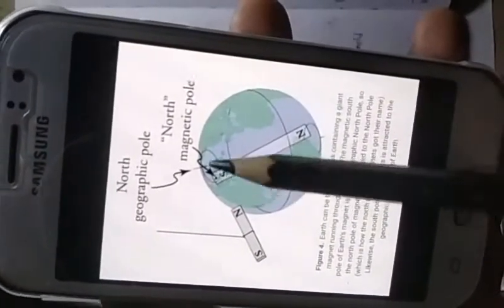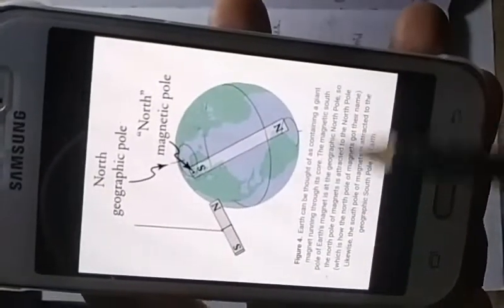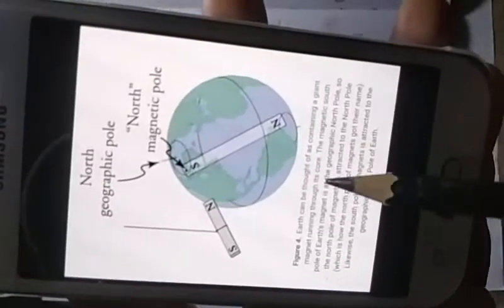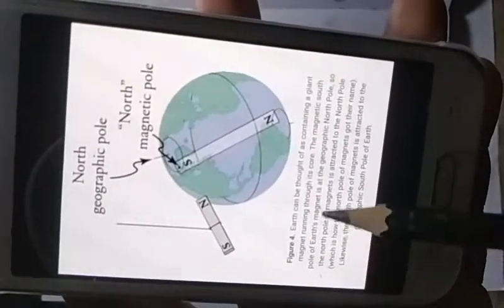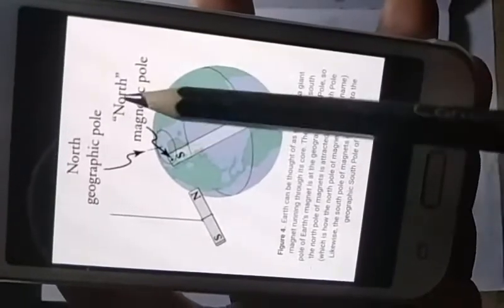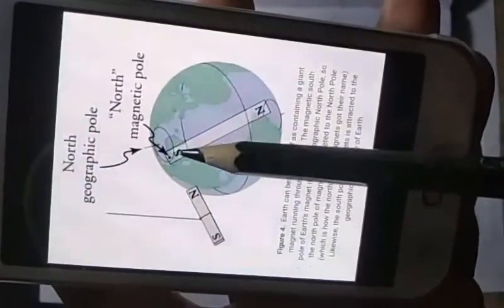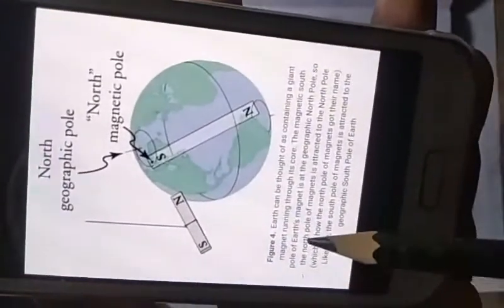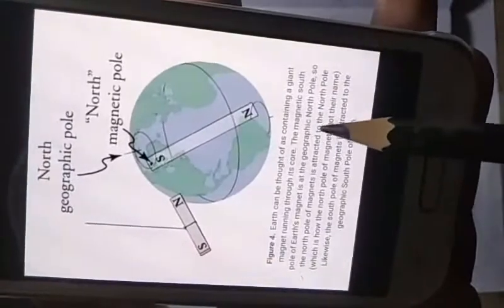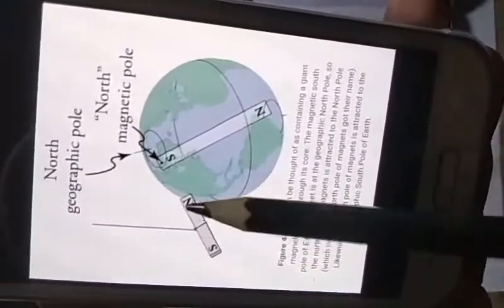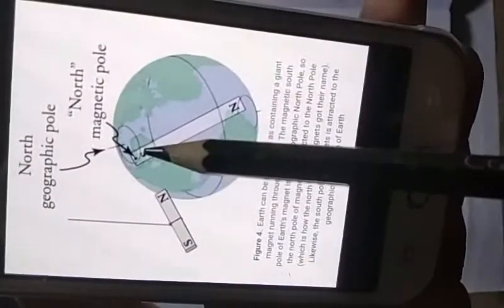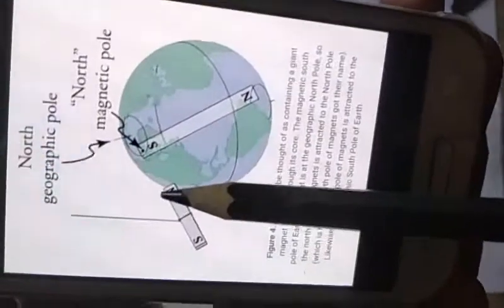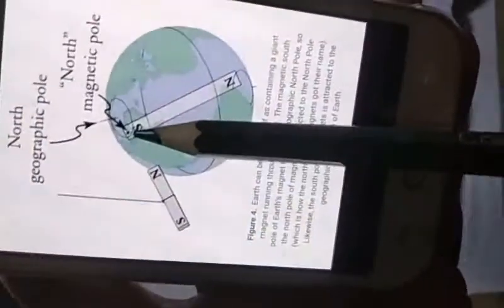The magnetic south pole of earth's magnet is at the geographic north pole. Okay, can you imagine, the magnetic south pole of earth's magnet is at the geographic north pole. You can see north geographic pole, that is earth's south pole. So the north pole of a magnet is attracted to the north pole. As there is earth's south present, magnetic needles, bar magnets or whatever, its north will attract towards the opposite pole.